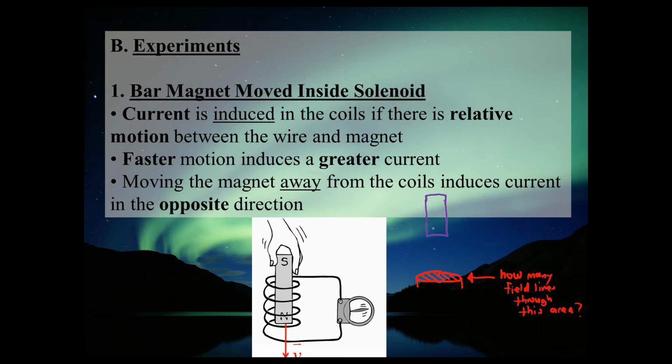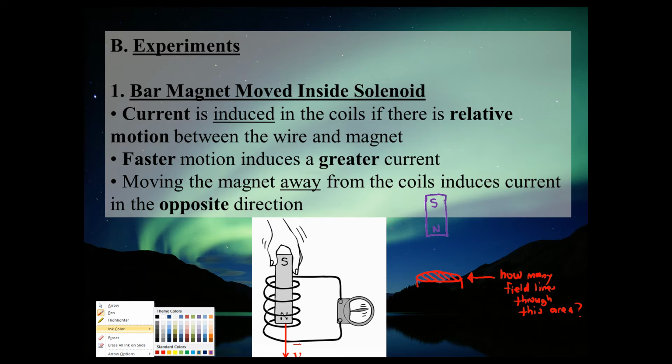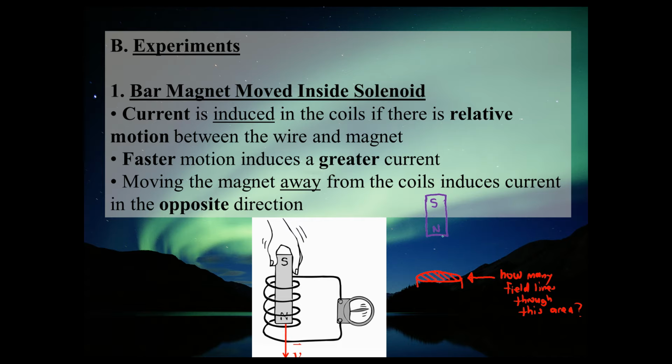Okay, so here's my magnet, North Pole, South Pole. I'm going to draw some magnetic field lines from this. I'll just do it in a different color. Let's use green here. Okay, so out of the north, into the south, out of the north, into the south.